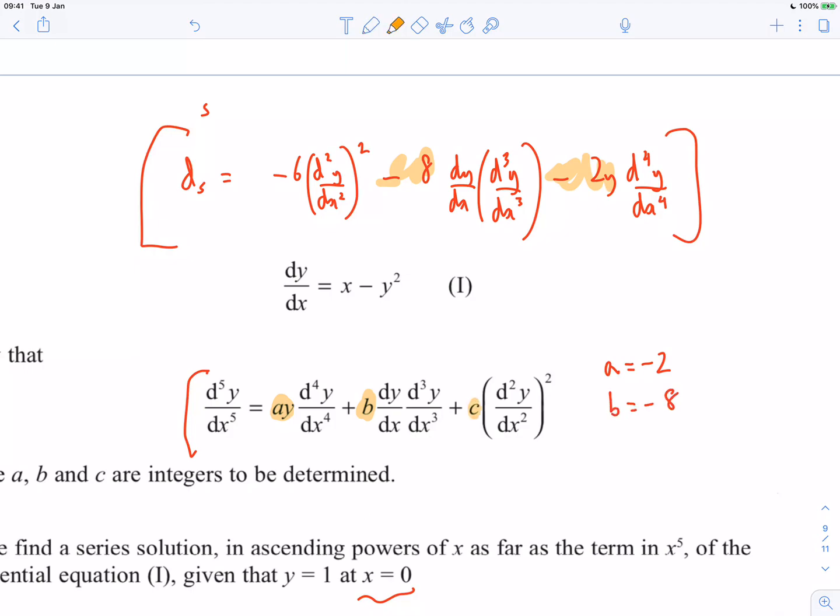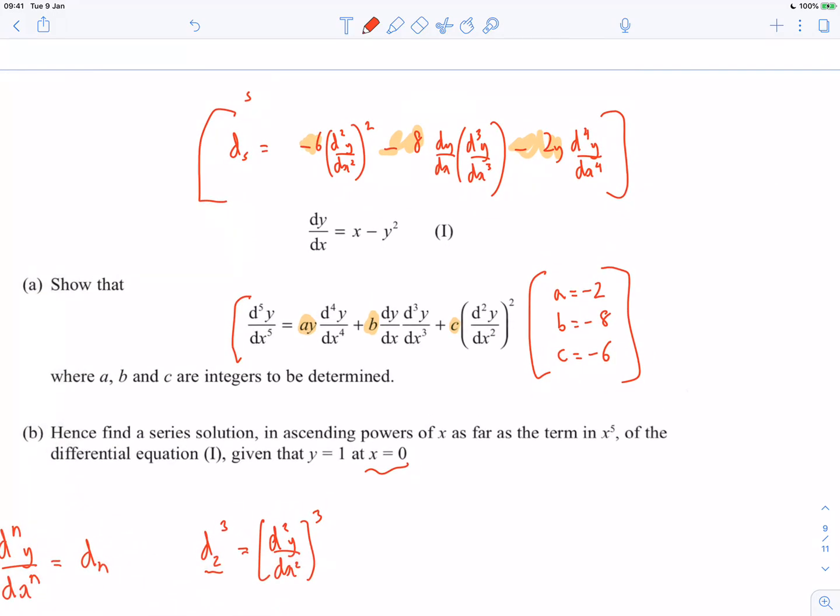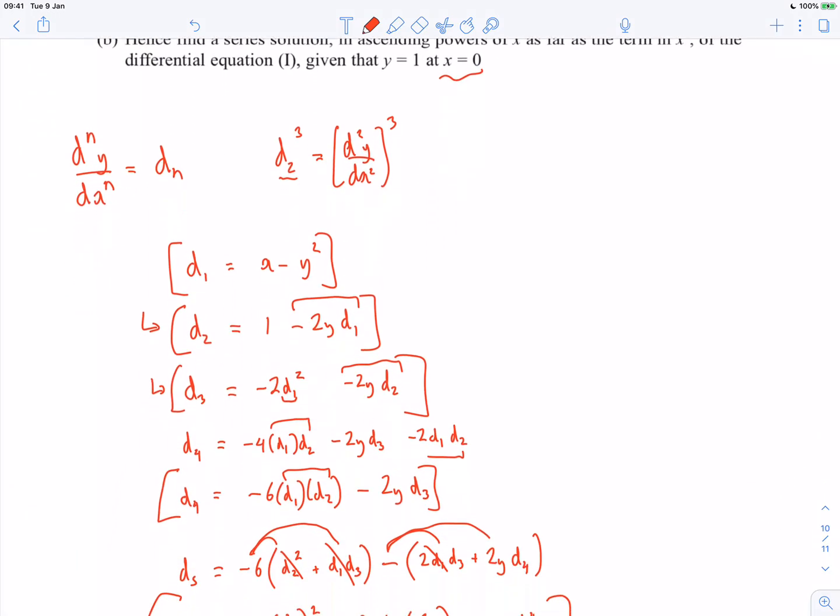And then c is the lots of the second derivative squared, which is over here, so clearly c is just minus 6. It wasn't too bad. Hence find a series solution in ascending powers of x as far as the term x to the 5 of the differential equation, given that y equals 1 when x equals 0.